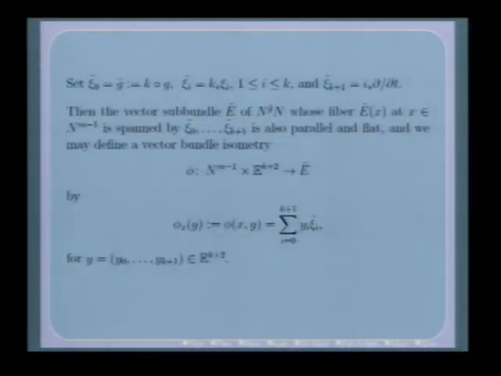So now, I just look at the submanifold as a submanifold of the Euclidean ambient space and look at those normal vector fields as normal vector fields along this new submanifold and just add this unit vector field spanning the factor R. So of course we still get a parallel and flat vector subbundle of the normal bundle of this new submanifold.